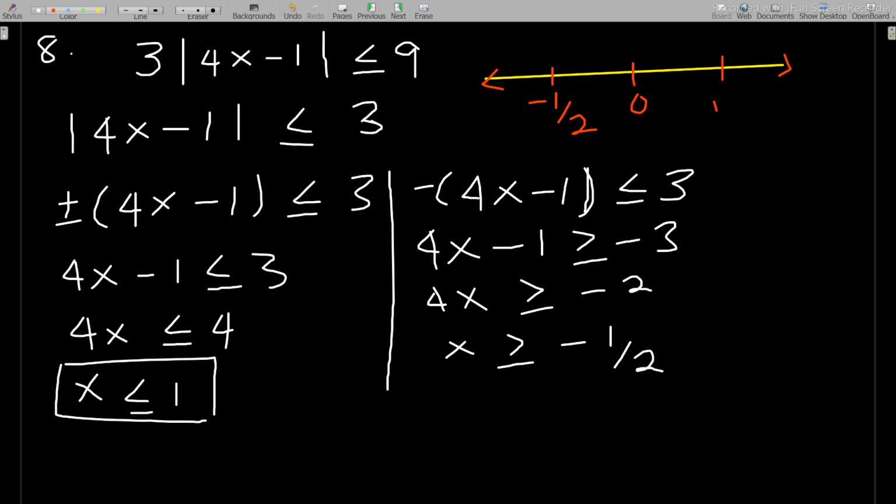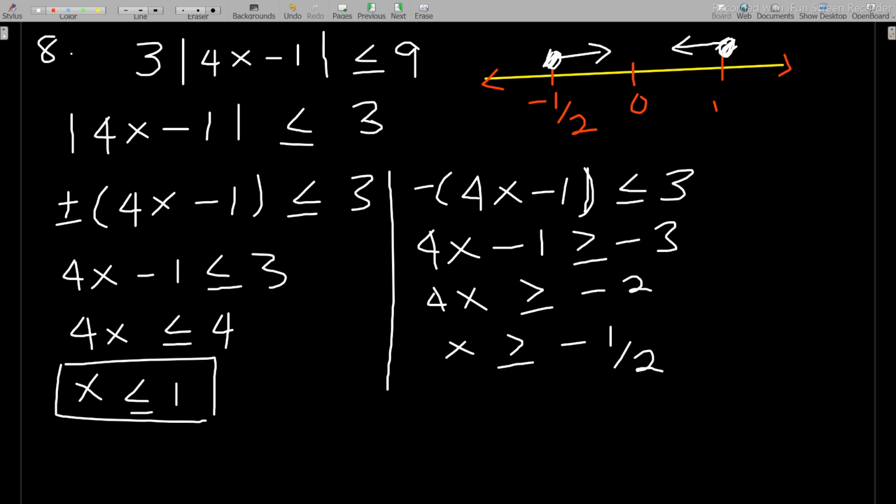You draw a circle on the 1 and shade it because there's an equal sign under it, so it means it's part. Then since it's less than or equal to, I draw an arrow to the left of it, and I go to the other one that's greater than or equal to negative half. That one too I shade, since there's an equality sign under it, and I draw an arrow to the right because it is greater than or equal to.